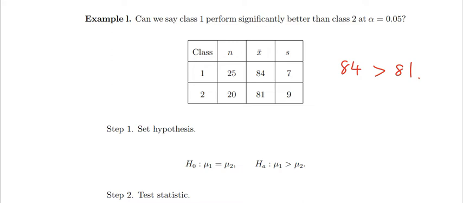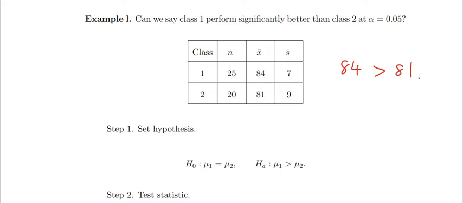Suppose I teach class 1, and another professor teaches class 2. I really wanted to say my teaching is better than the other guy's, right? Or my class performed significantly better than the other class.